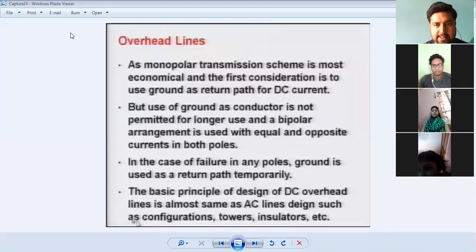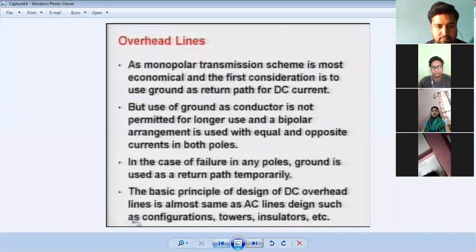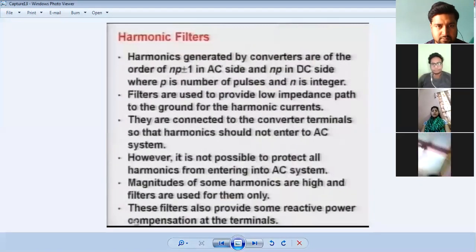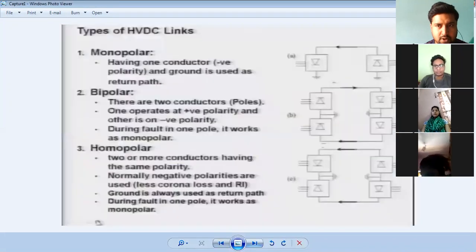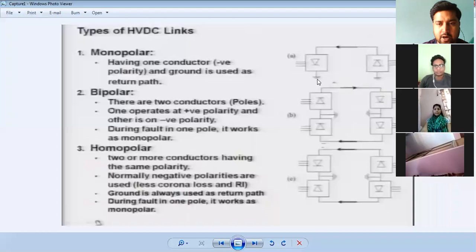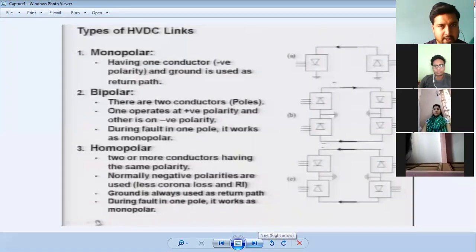Here you can see there is only one conductor performing all the job, and we are using the ground as a return path. So this is very economical for our system.